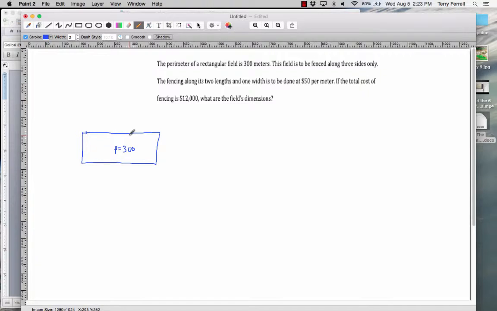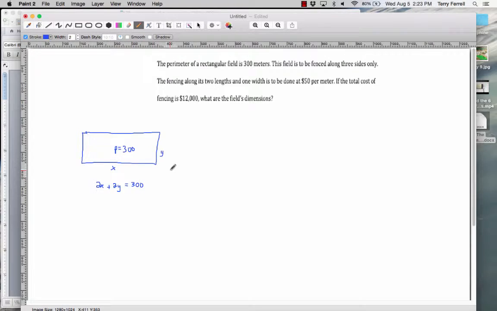Well, they're telling us that the entire rectangle field, the perimeter is 300. So from that information, I can do this. We'll call this side x and this side y. You have x and x, so from the formula 2x plus 2y, that's equal to 300. I know that.